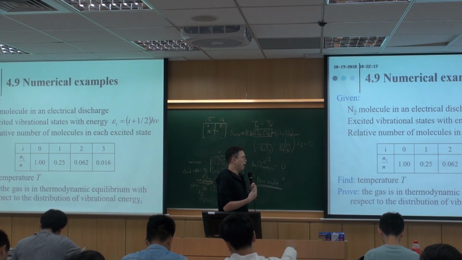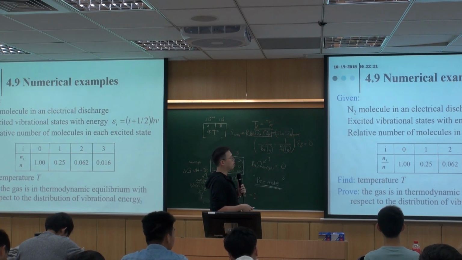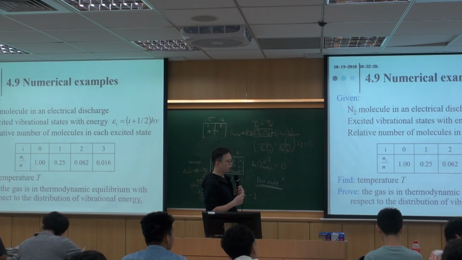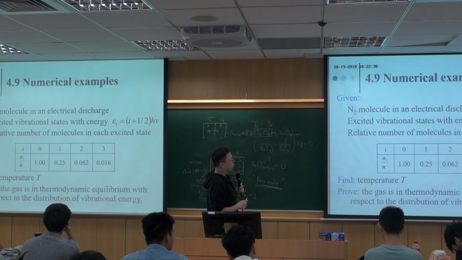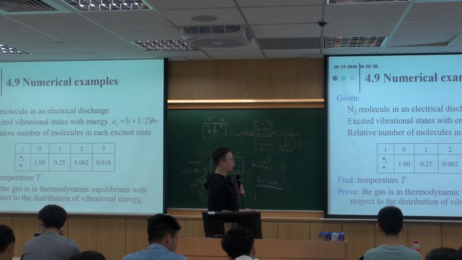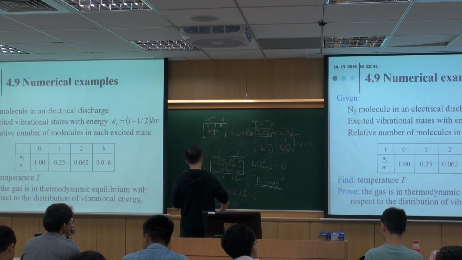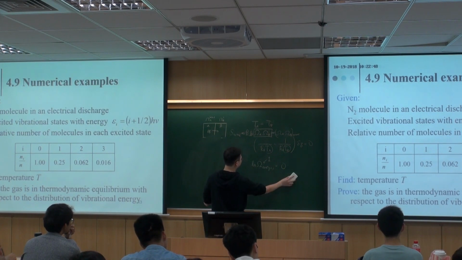So it asks you to show that this distribution satisfies an equilibrium state at a fixed temperature T. And we know that if your system is in equilibrium at a fixed temperature T, it means that the distribution has exponential decay as you move up to higher energy levels.